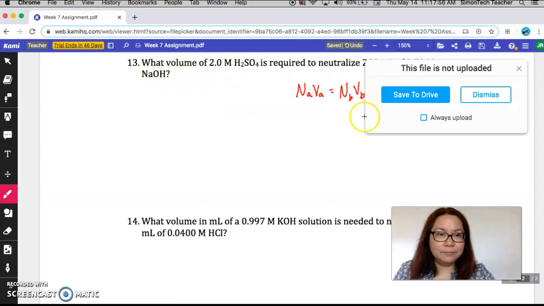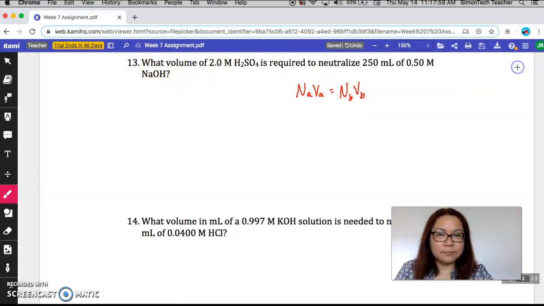What volume of 2.0 molarity H2SO4? That's sulfuric acid. So this is the acid. I want to note that this is the acid, and the other one, sodium hydroxide, that OH there gives you the clue that this is the base, an Arrhenius base.